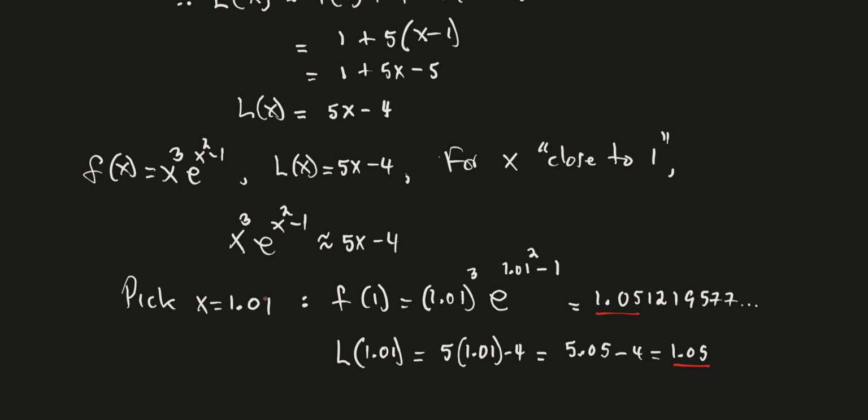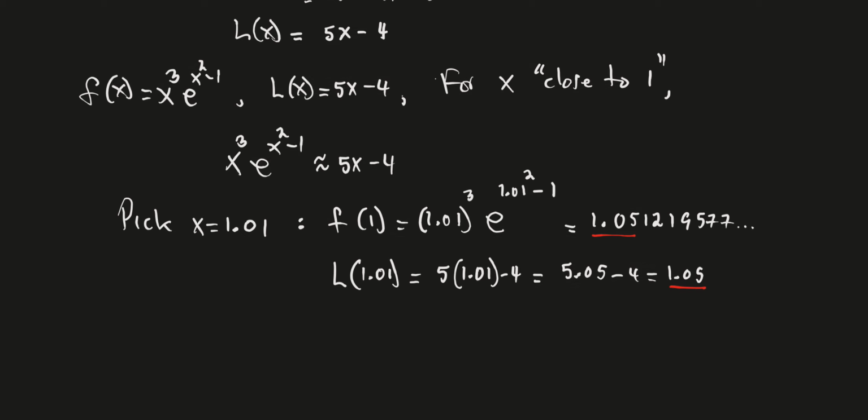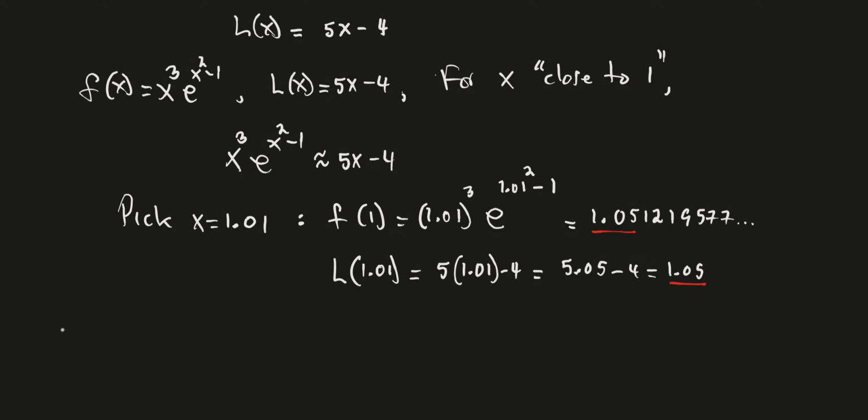And if I were to pick a value of x that's even closer, then I would have even more agreement in terms of the number of decimal places that agree. So that's one example of how you can visualize, in a numerical sense, what we mean by a linear approximation. But here's another type of problem that a linear approximation can help with.